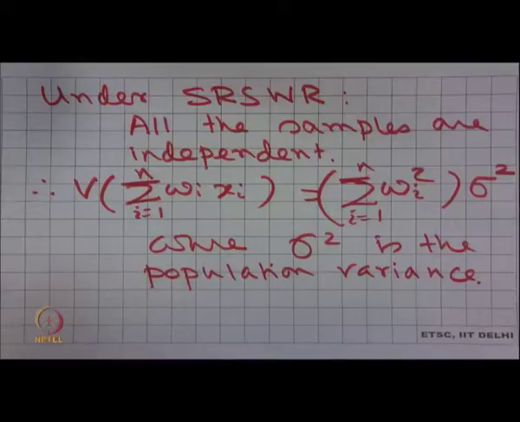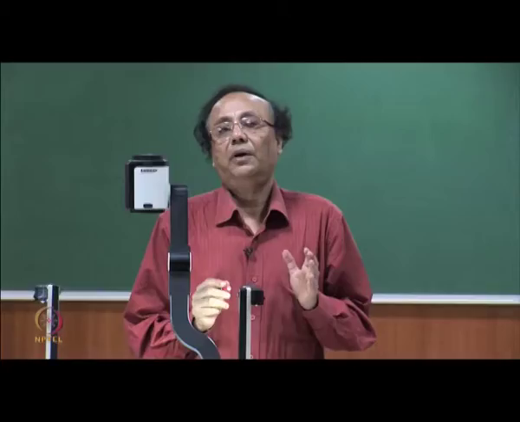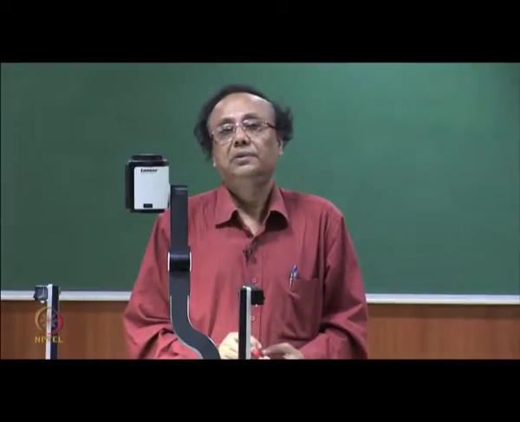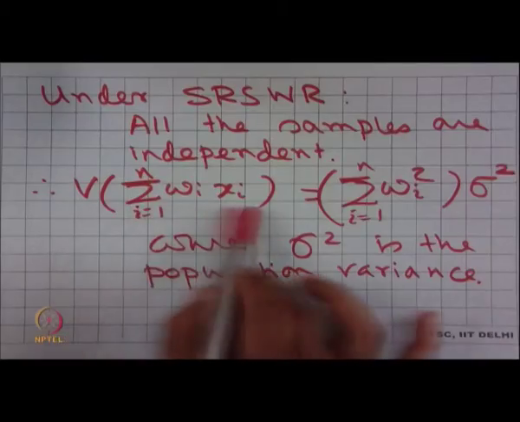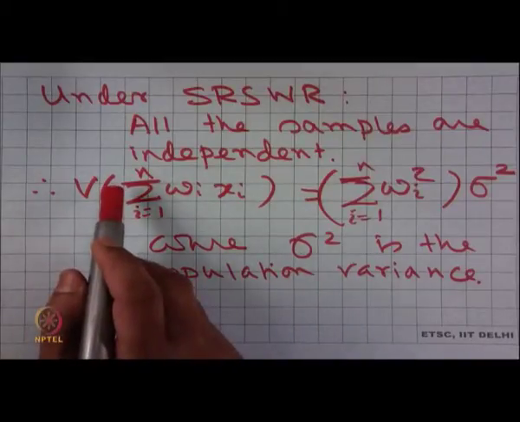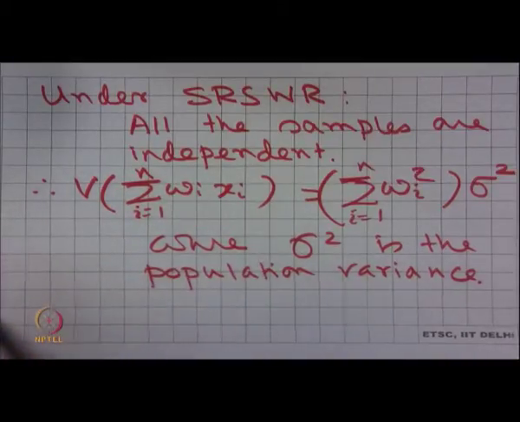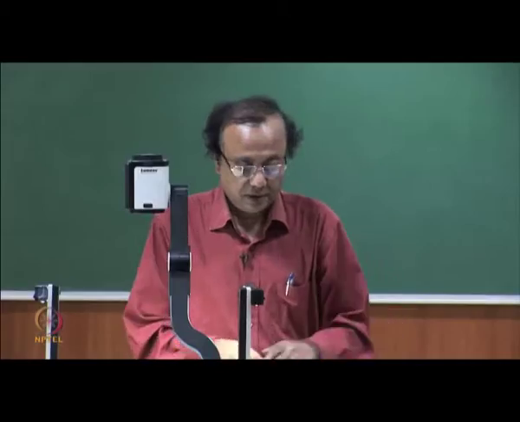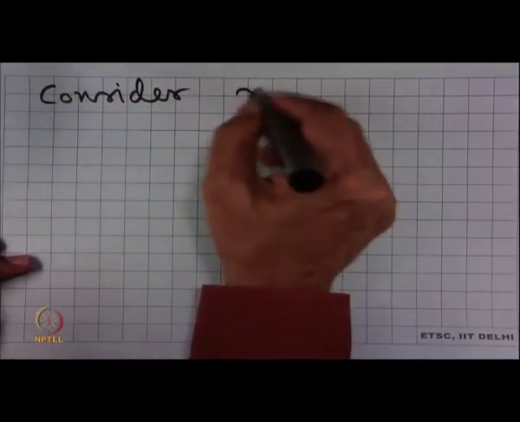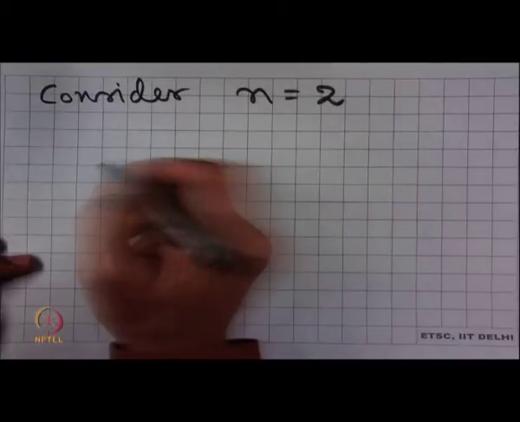So, the question is, how do we choose the weights of the different samples, so that the linear combination sigma wi x i is an unbiased estimator for mu and variance of sigma wi x i is the minimum. Consider n is equal to 2.